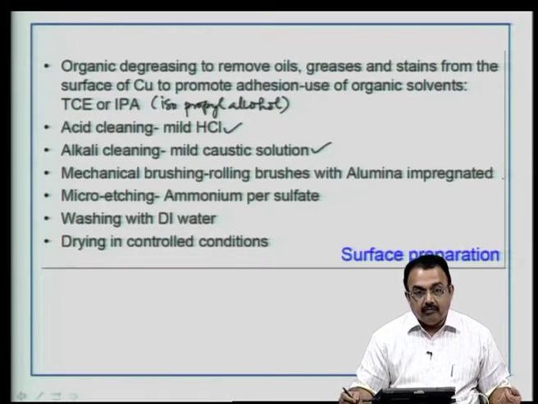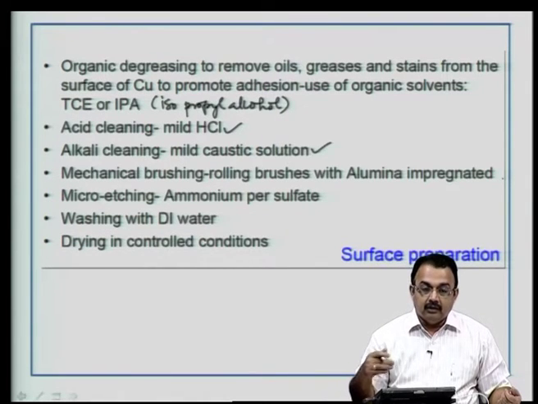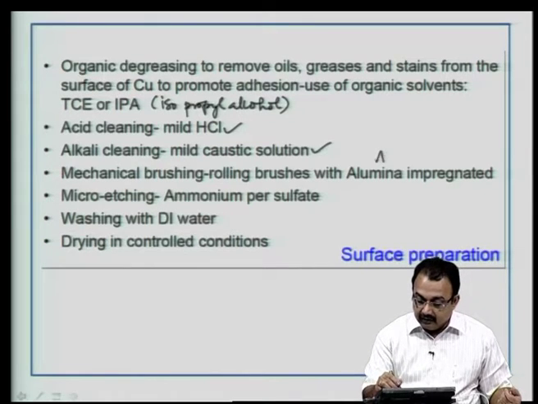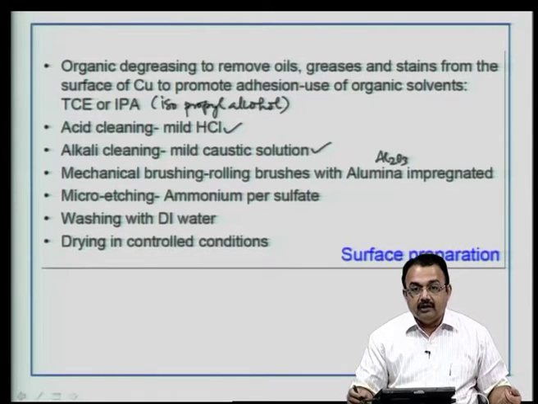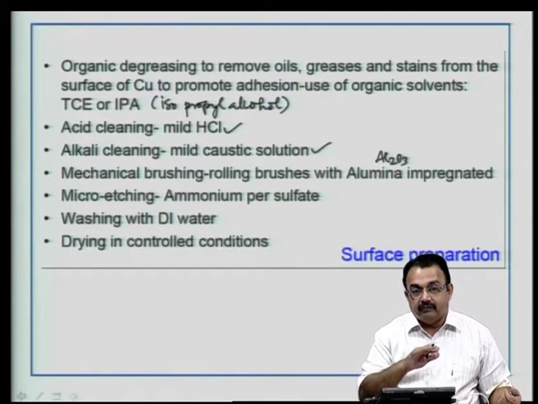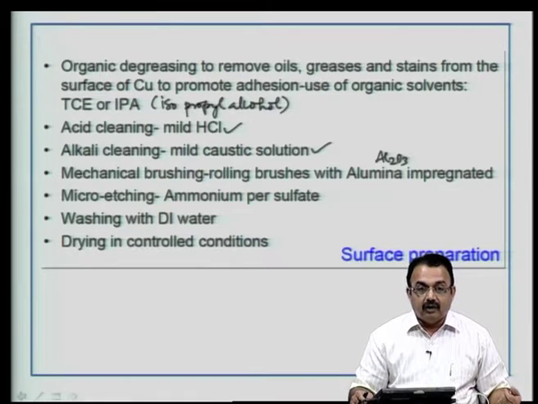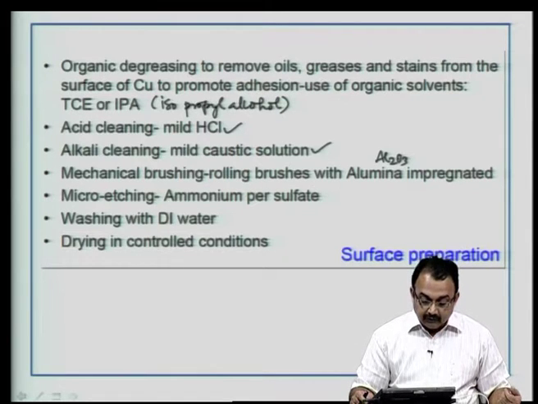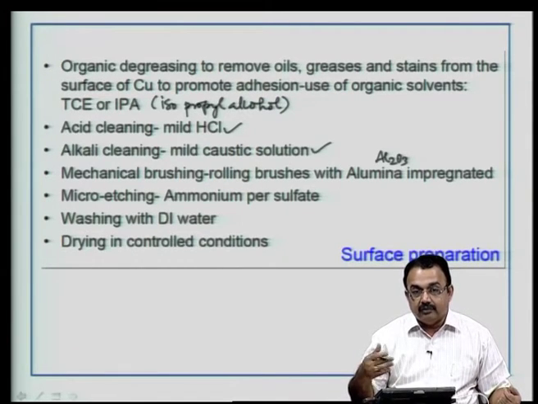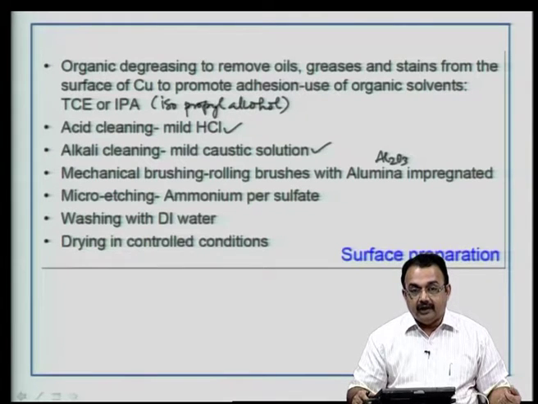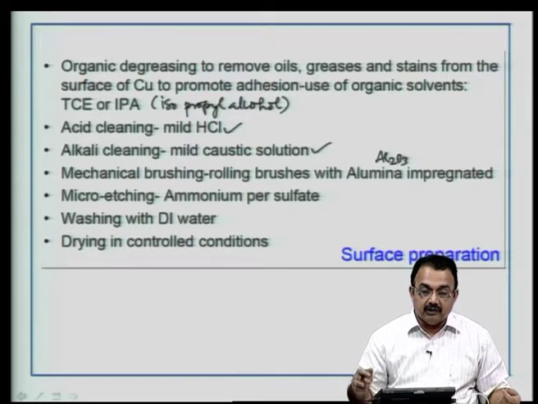Then you have mechanical brushing using rolling brushes with aluminum oxide, Al2O3, impregnated into the fiber structure of brushes. Now, this will act as a very good mechanical aid to remove oxides and dust material from the surface.